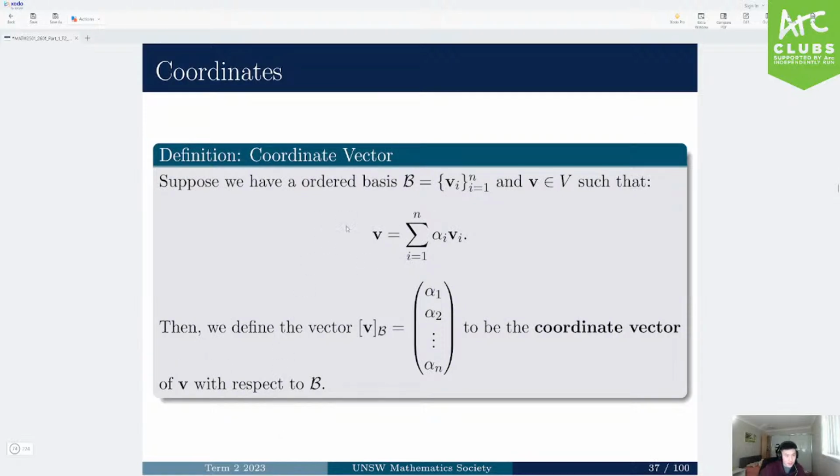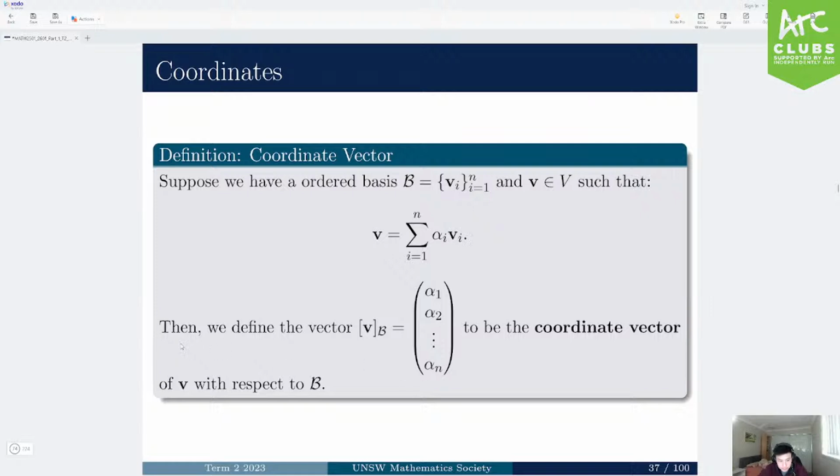The next concept is the coordinate vectors. So again, suppose we have an ordered basis B with n vectors, and suppose v is a vector inside the vector space V. Okay. Suppose we can write v as a linear combination of these vectors as alpha 1 v1 plus alpha 2 v2 plus dot dot dot alpha n vn.